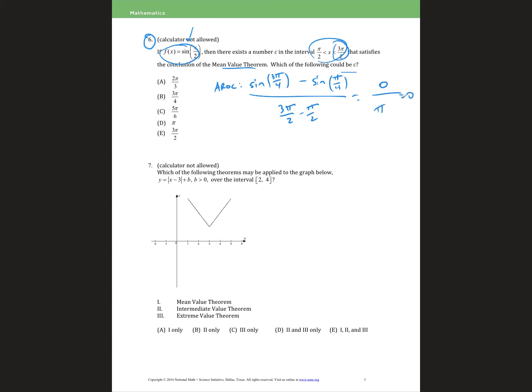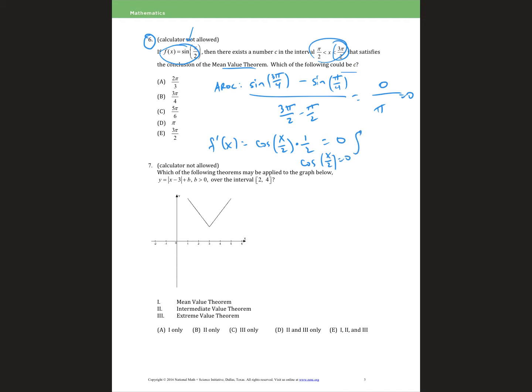So now I want to find where the IROC equals that. So when you take the derivative of sine of x over 2, it's chain rule. The derivative of sine is cosine. The x over 2 stays the same. And then x over 2 is the same thing as 1/2 x, so times 1/2. And we want that to equal 0. So then basically, cosine of x over 2 has to equal 0.